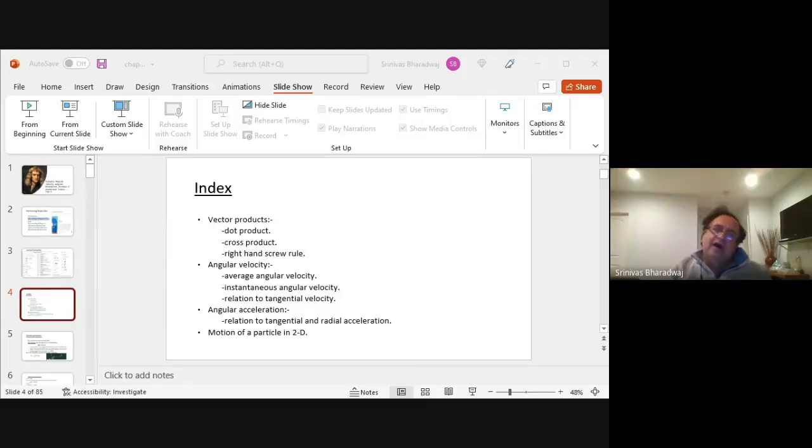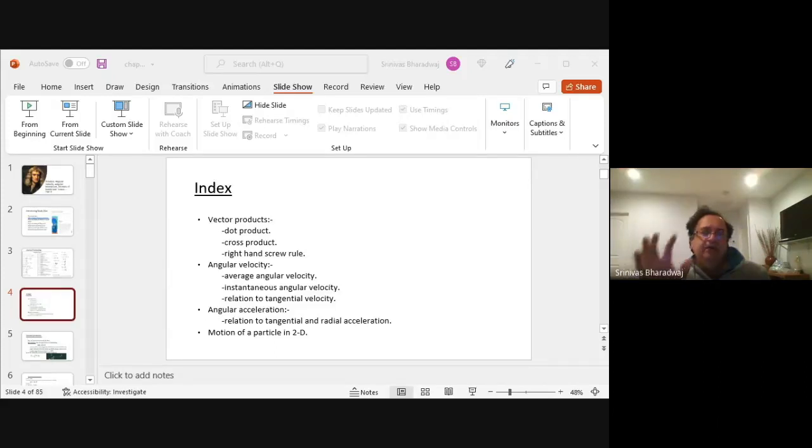Tau equals I alpha, just like F equals ma. Torque causes something to have more and more angular acceleration. Spinning faster and faster is caused by torque. Tau equals I alpha.